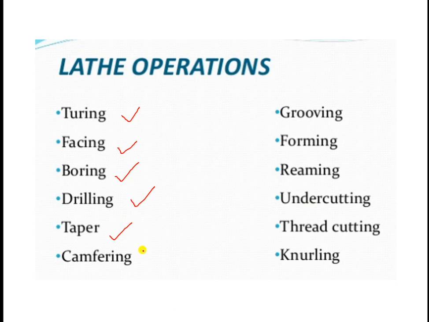This is taper turning actually. This is chamfering. Then grooving, forming, reaming, undercutting, thread cutting, knurling. So all these are nearly 12 operations, but specifically reaming, drilling and boring are operations which are generally also part of a drilling machine, and here they are carried out with the help of the tailstock.